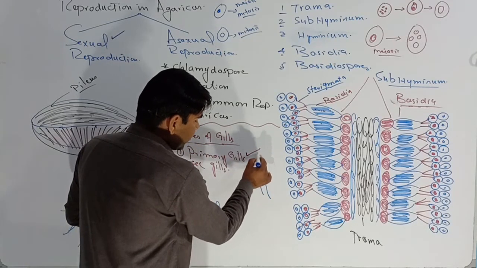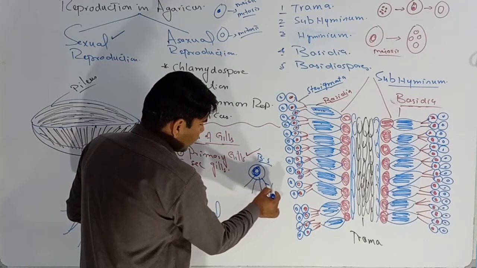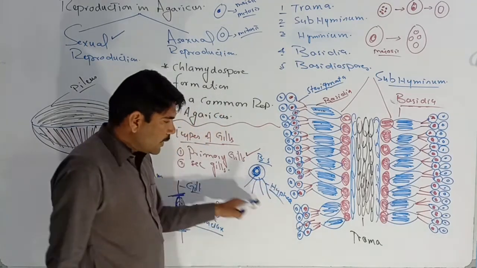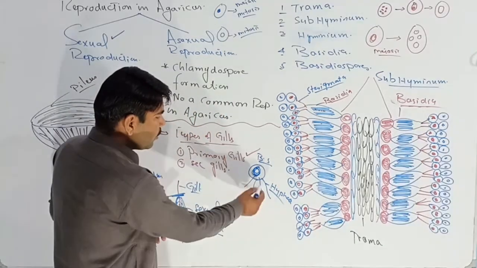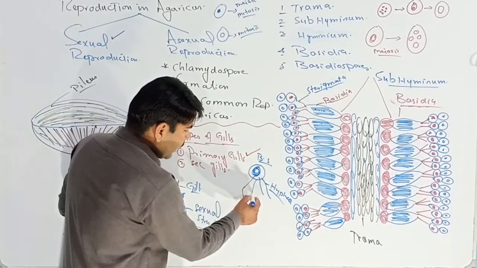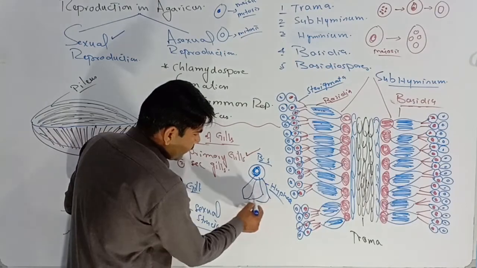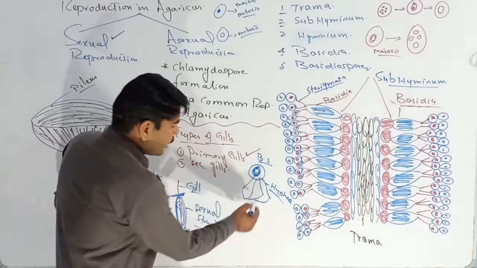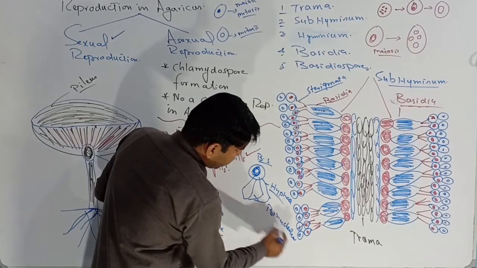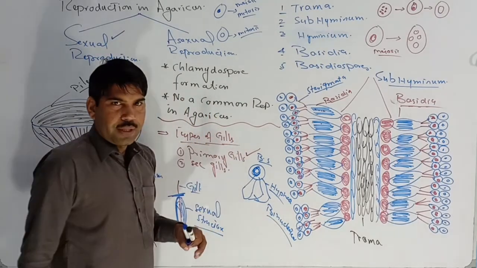These are hyphae, and these hyphae are uninucleated. These uninucleated hyphae will fuse with each other. When they fuse, they will become binucleated.